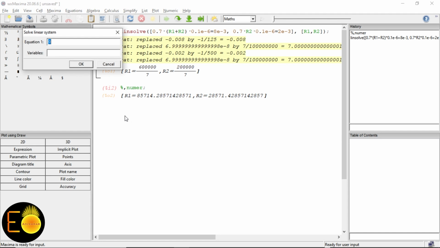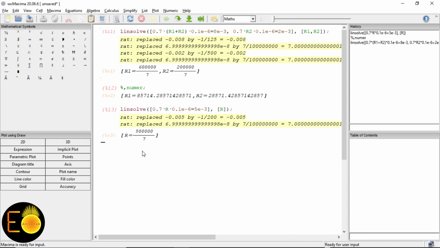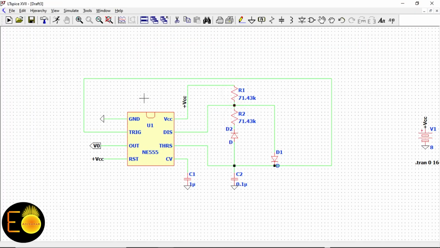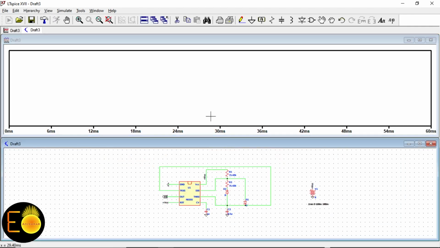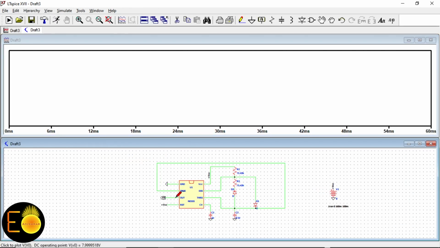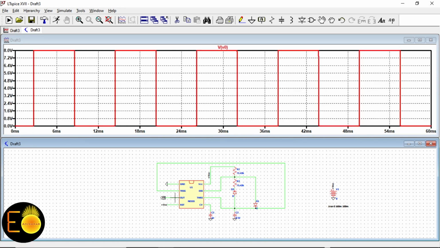If I put 0.7 times R times 0.1 equals 5 millisecond with the variable R, because I'm going to design my astable multivibrator for the 50% duty cycle, that will be 71.43 K. Now I'm going to run my simulation, and I'm going to check whether the output is appearing close to 5 millisecond, 10 millisecond or not.